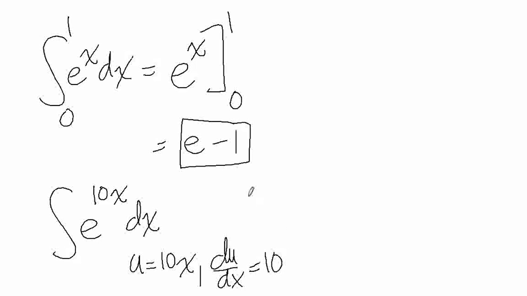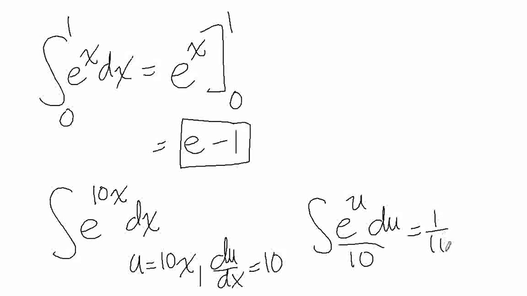So we can rewrite the original antiderivative problem as the antiderivative of e to the u times du all over 10. So that gives for our answer 1/10 of e to the 10x plus c.